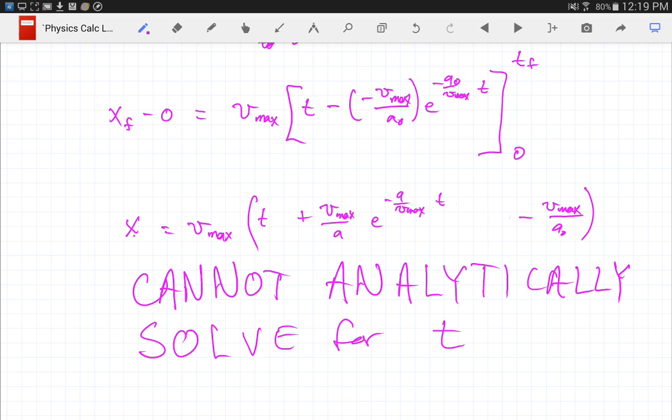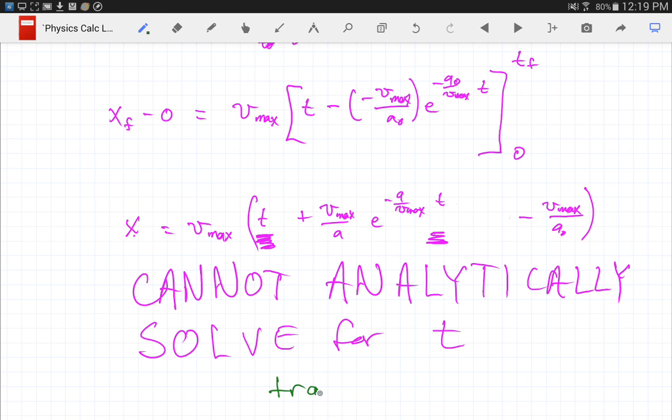I think I got the emphasis out of the way. You cannot analytically solve this for time. Why? Because I have a linear time right here and an exponential time right there. And there's no mathematical way of getting those into one equation, time equals this. Have you guys ever encountered such a transcendental equation?